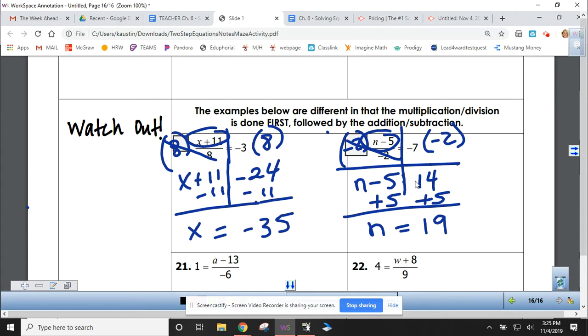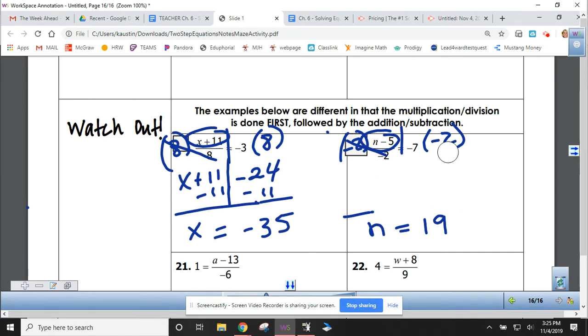Don't forget, go back in and substitute. So for example, if I get n equals 19, and I want to make sure because I'm unsure about my steps, you just put this in for n.